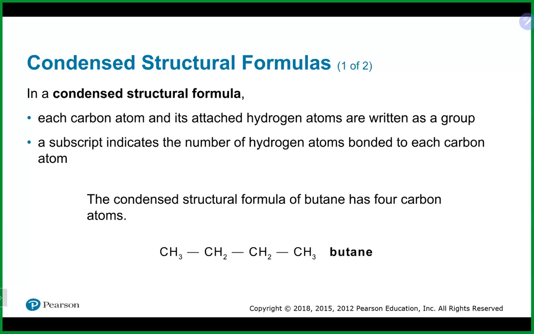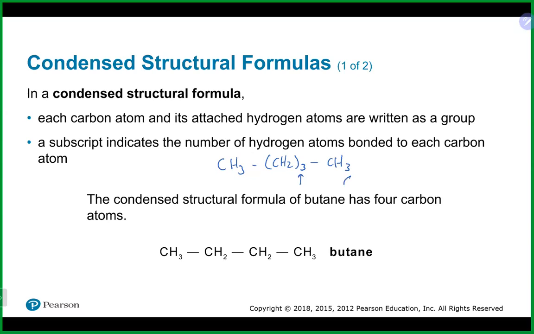All right, so here again is our condensed structural formula. Each of the carbons with its attached hydrogens is written as a group. And here's butane. Sometimes in a condensed structural formula, you may have something that is even shorthanded. Basically, this just means that there are 3 of those CH2 units repeating.